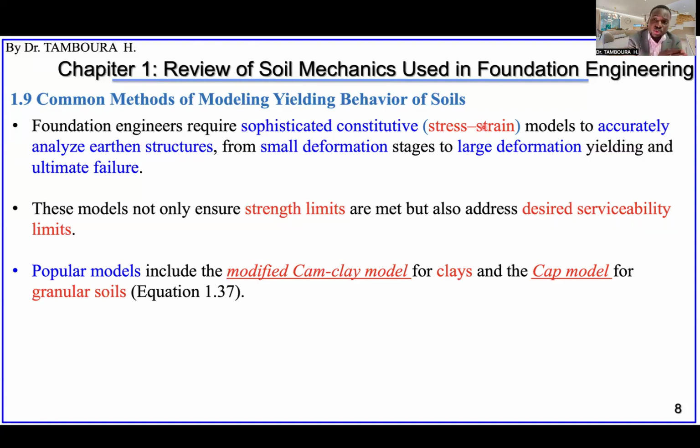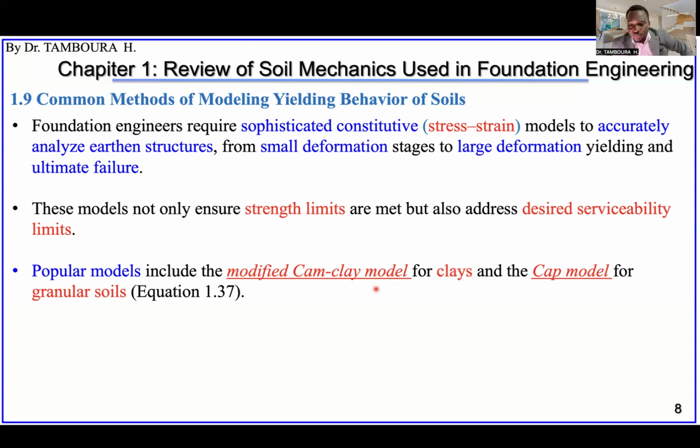There are people who have proposed relationships for different types of soil. Many models exist already, but this modified Cam clay model is very famous for clay soil.